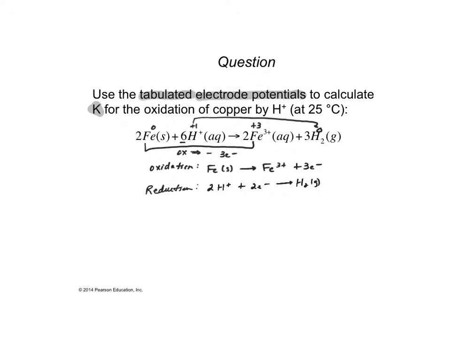The only reason why they have balanced these guys, why they have different numbers up here and up here, is because when they've added them together to balance the overall redox process, they had to have the same numbers of electrons. When they're written just in their normal half reactions, it's a 3 and a 2. So to balance these overall, so they have the same number of electrons, they would have to multiply this guy by 2 and this guy by 3.